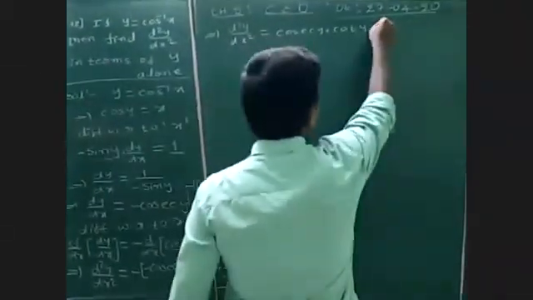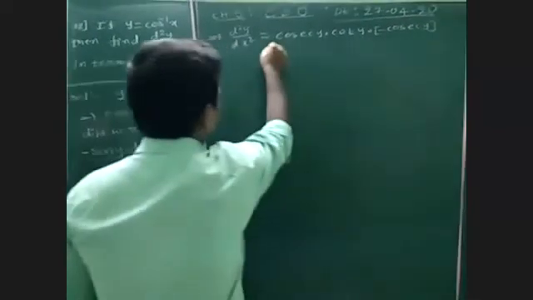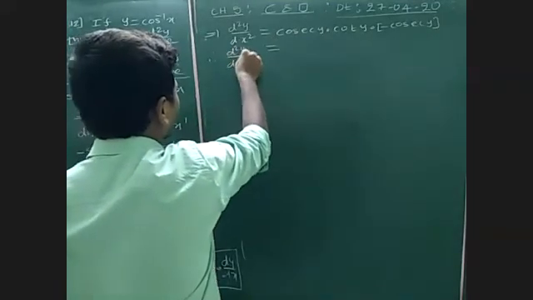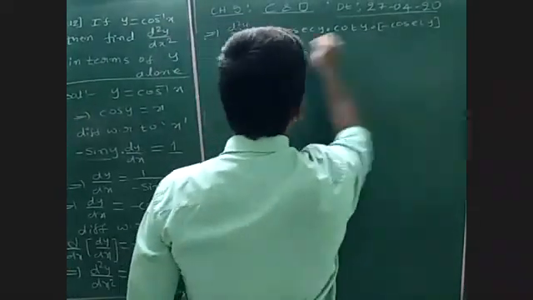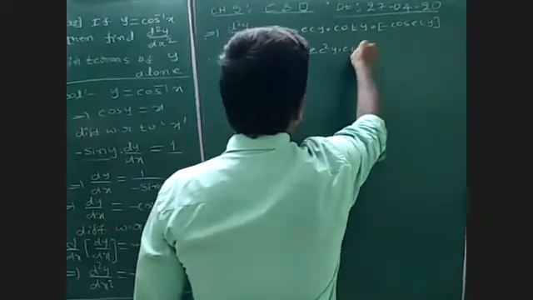Minus. So finally, what is the answer? Therefore, here d square y by dx square is equal to minus, plus into minus, cosecant square y into cos y.